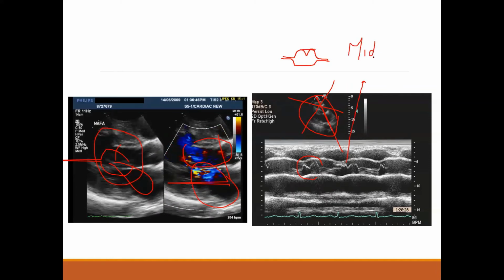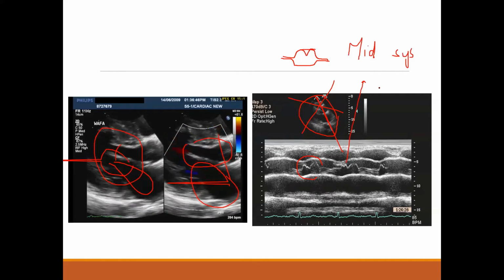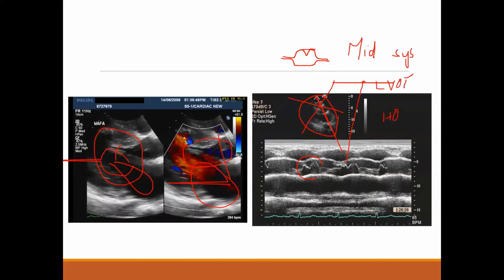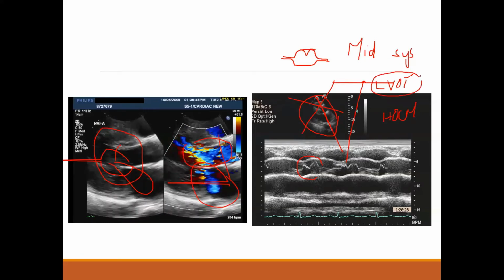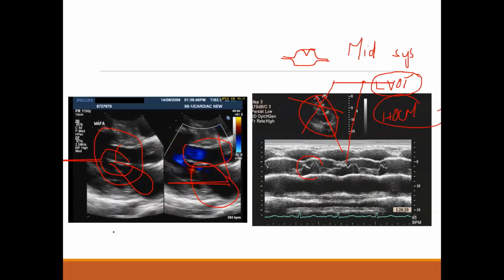This is how you describe it: mid-systolic closure of the aortic valve due to dynamic LVOT obstruction due to HOCM. Okay? So this is how you describe it: mid-systolic notch or mid-systolic closure due to dynamic LVOT obstruction due to HOCM.